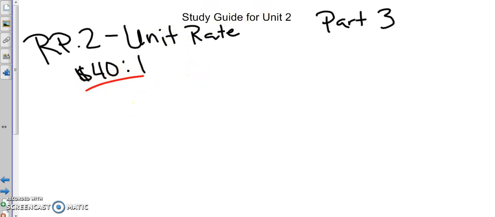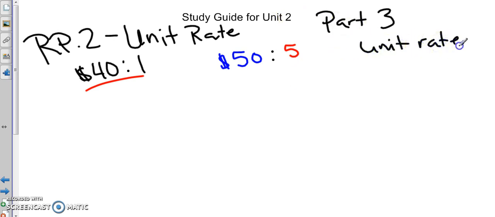Now, what if I said I spent $50 on 5 shirts? If I asked you what is the unit rate, or specifically, since I'm talking about money, what is the unit price for the t-shirts that I'm buying?